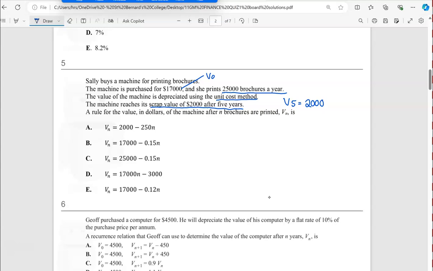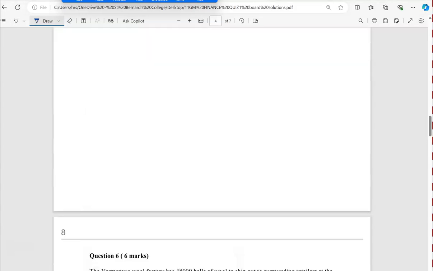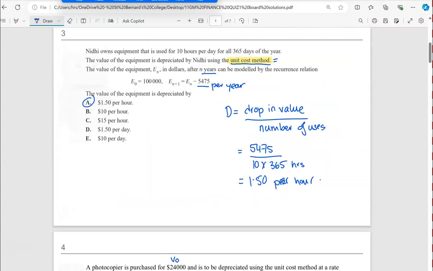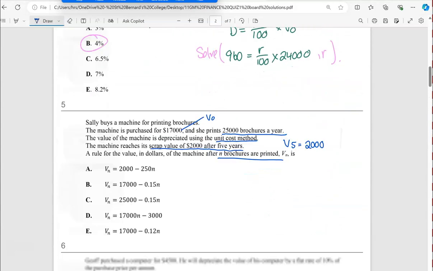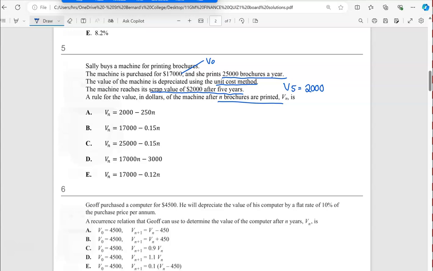So the rule for the value in dollars after n brochures have been printed. If you think about it, we want to go back to our summary sheet. We want unit cost and it says the rule. So when they write the rule, it means we want the nth term.